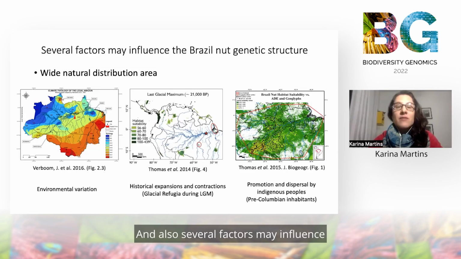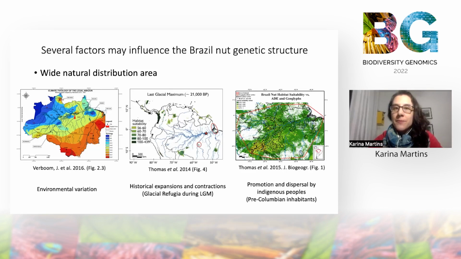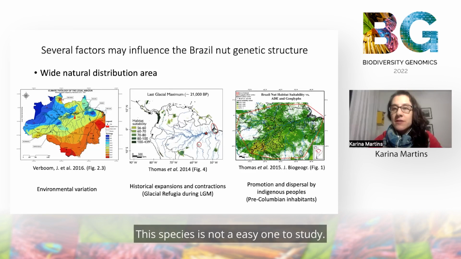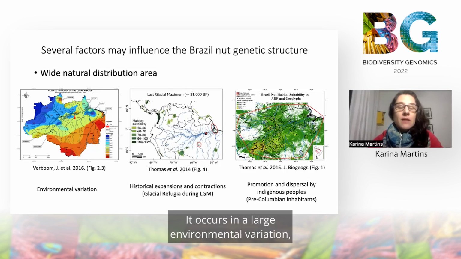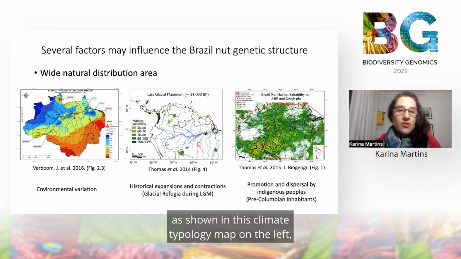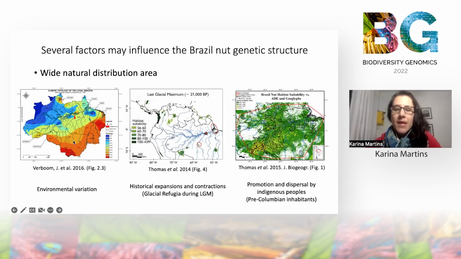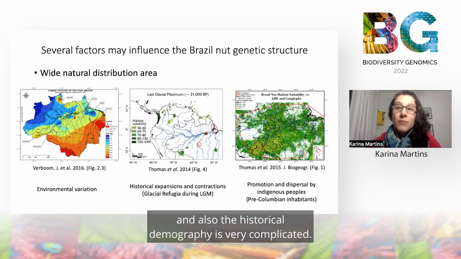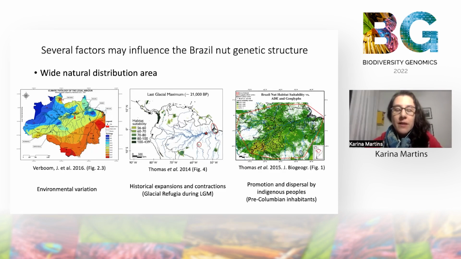And also several factors may influence the Brazil nut genetic structure. This species is not an easy one to study. It occurs in a large environmental variation, as shown in this climate typology map on the left. And also, the historical demography is very complicated.